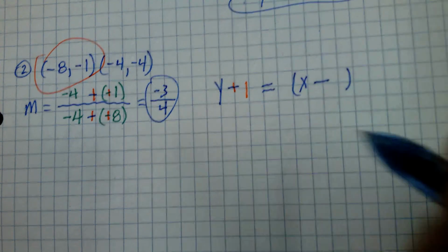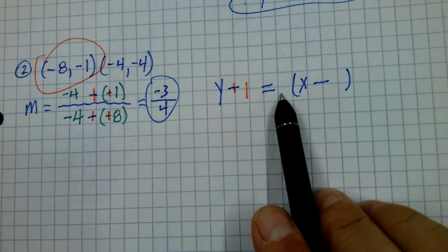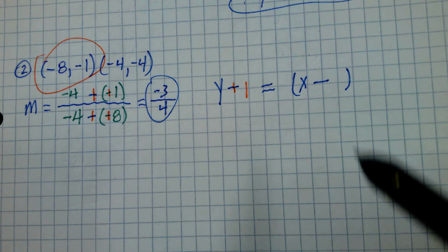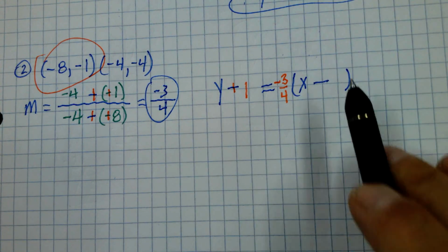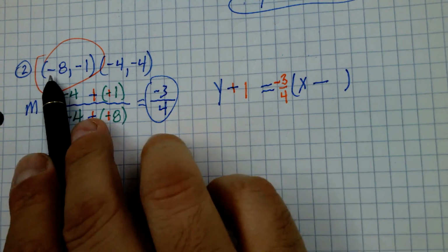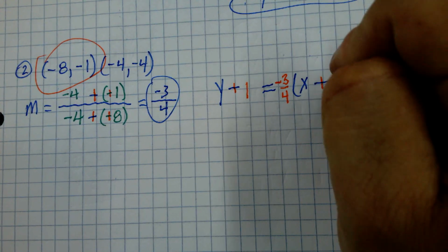That's fine. What number goes in this space? That's where the slope goes. Negative 3/4. What number goes here? Negative 8. And since it's negative and this is minus, that also becomes plus 8.